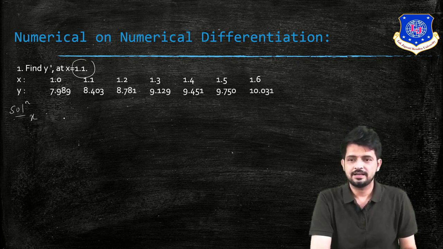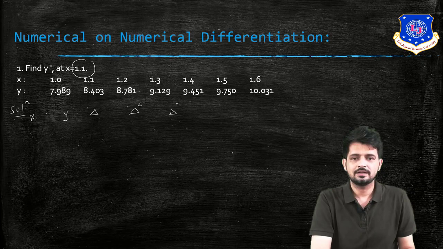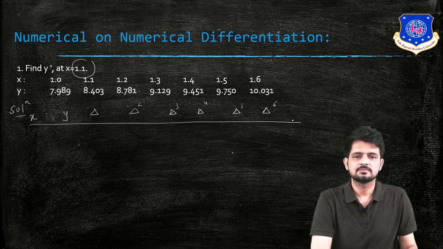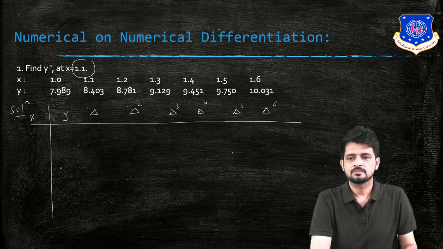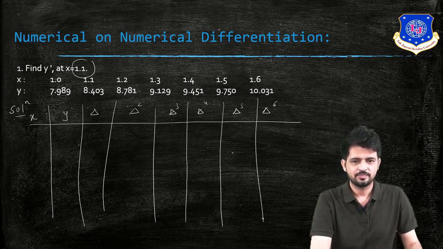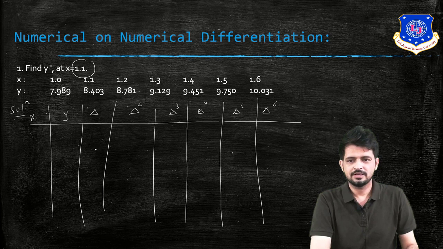Let us write x, then y, del, del square, del cube, del raised to 4, del raised to 5 and del raised to 6. Lines are not straight, okay, no need to worry about that.